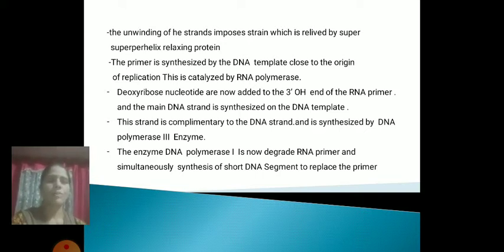So these two DNA strands are not complementary. That's why it is necessary to remove the primer.